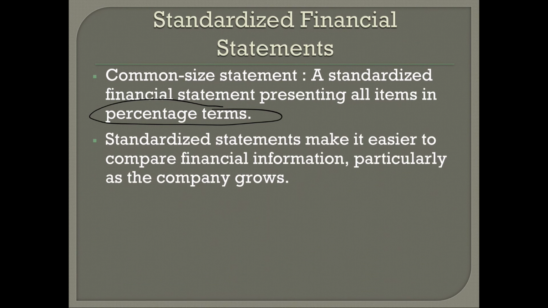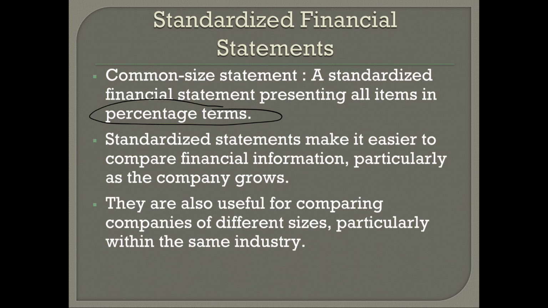A standardized financial statement makes it easier to compare financial information, particularly as the company grows. And they are also useful for comparing companies of different sizes, particularly within the same industry. So now we have a way that we can actually evaluate the financial health of one company versus another without having to consider exactly what the size differences of the two companies being evaluated are.